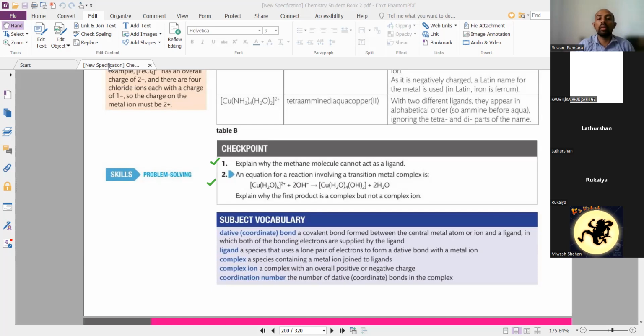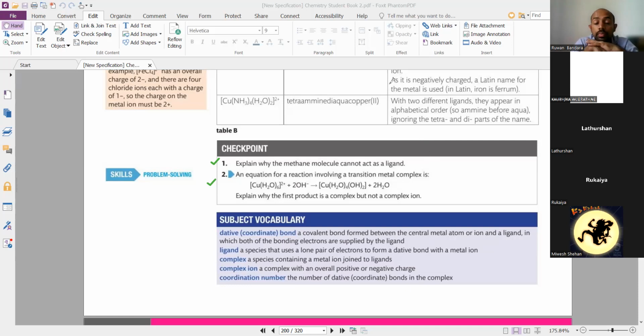Explain why a methane molecule will not act as a ligand. Because methane has no lone pair. We learned that molecules or anions that are able to donate a pair of electrons to form a covalent bond act as ligands, but methane is not able to donate a lone pair because it has no lone pair. That's the reason.